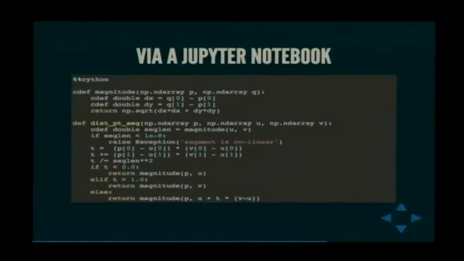But when you look at them in Cython, you can see some of the commonalities with Python. So I've got function definitions, but I've got cdefs as well, so I can expose functions to just the C part of the extension module.